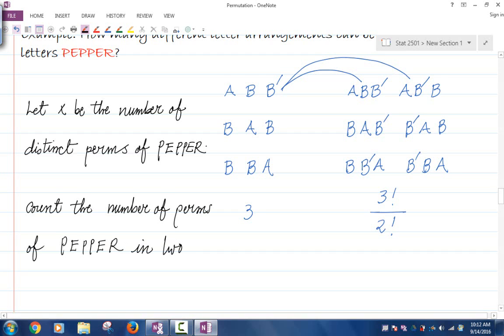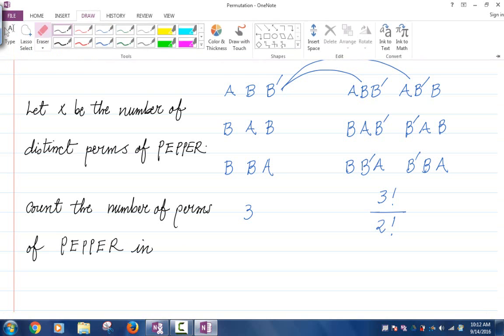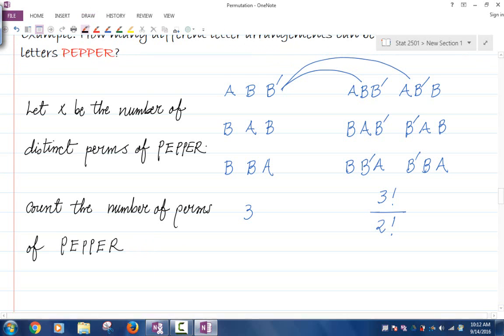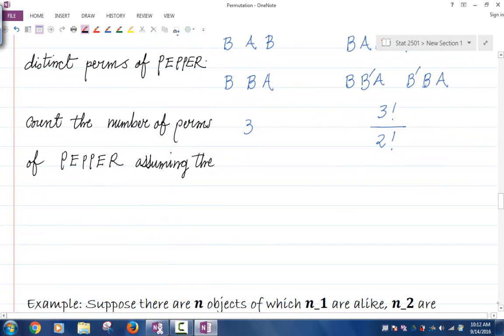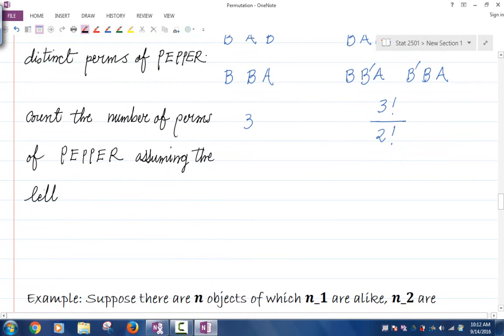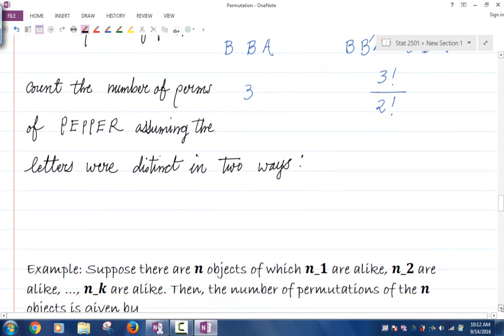Sorry, I have to say one more thing: the number of permutations of pepper, assuming the letters were distinct, in 2 ways. Well, what are the two ways?